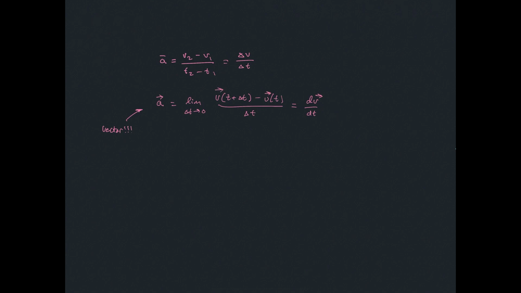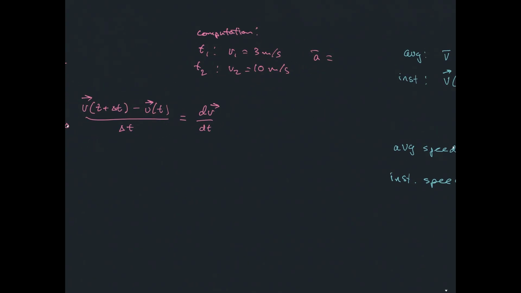Okay, guys, just to give you a quick computational example, let's compute the average acceleration of a car which at time t1 has a speed of 3 meters per second, and at some time later, at time t2, it has a speed of 10 meters per second. Average acceleration would be 10 meters per second minus 3 meters per second over the total time elapsed, which let's say happens to be 100 seconds.